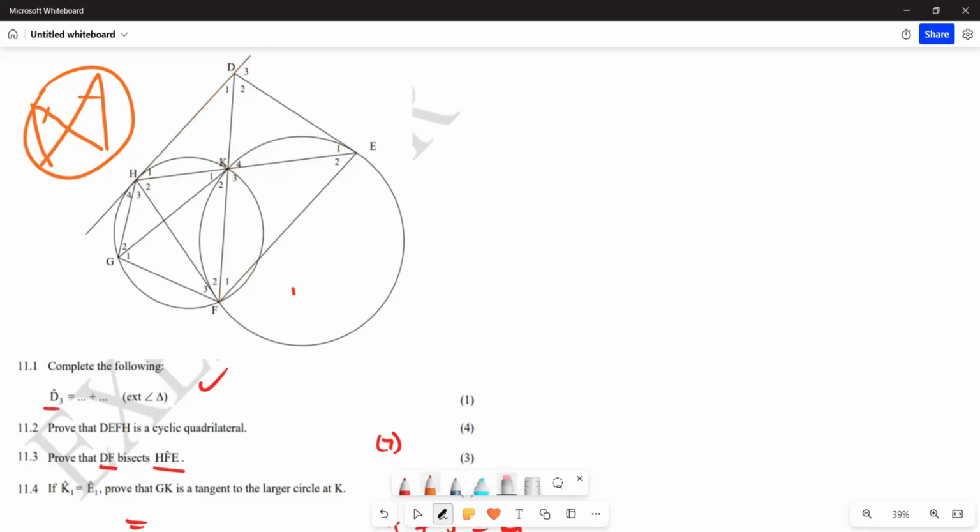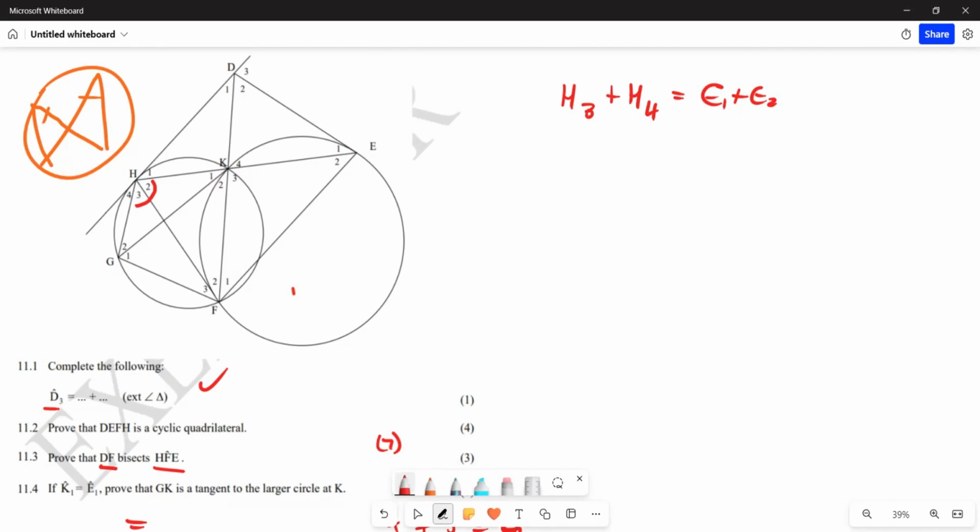In attempting this question, you are going to say, look, if I can start with my angle H3, I can say H3 plus H4 is going to be equal to E1 plus E2, right? Look at me here.